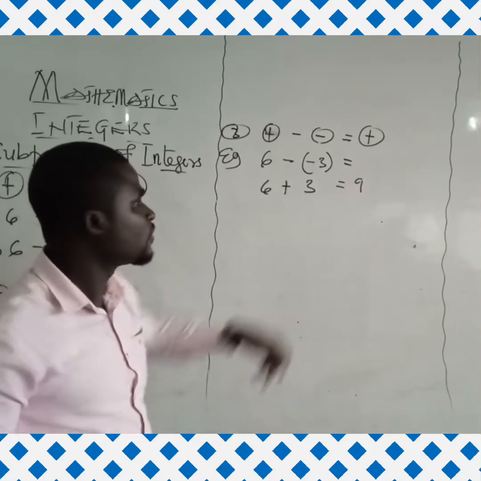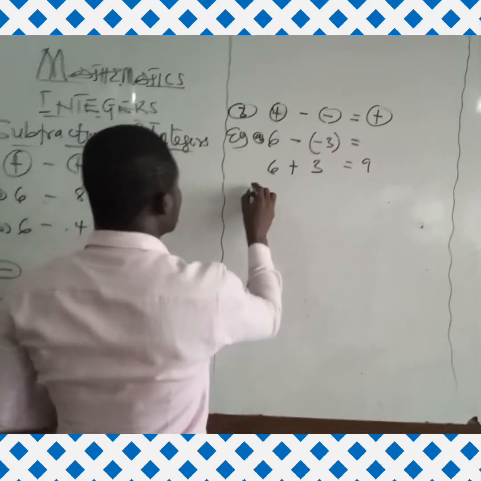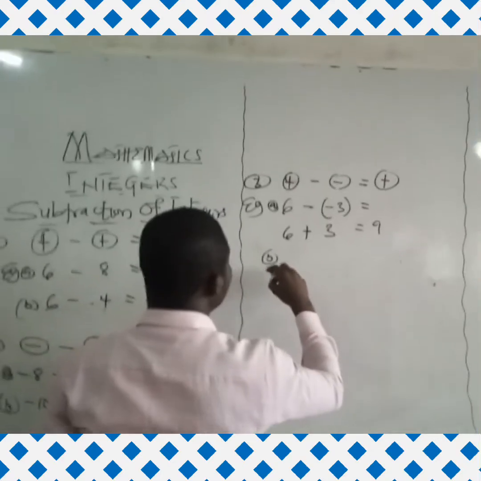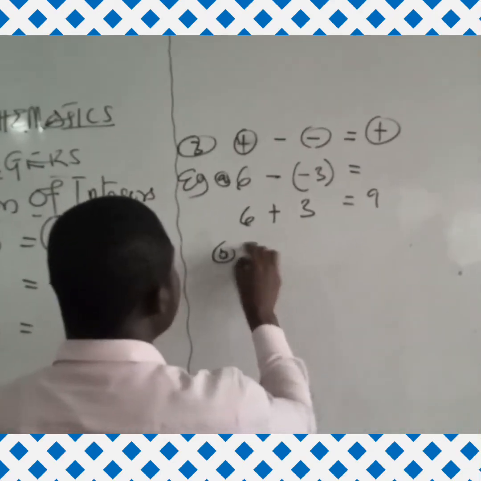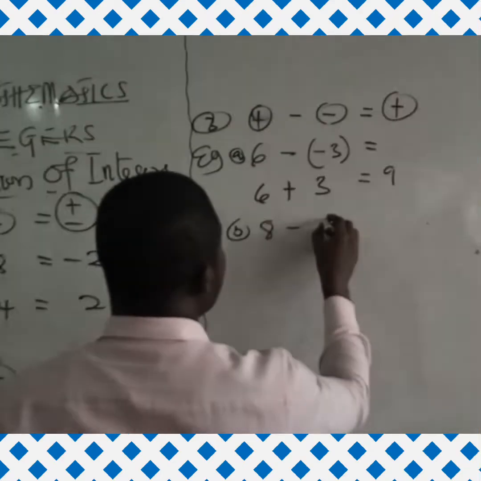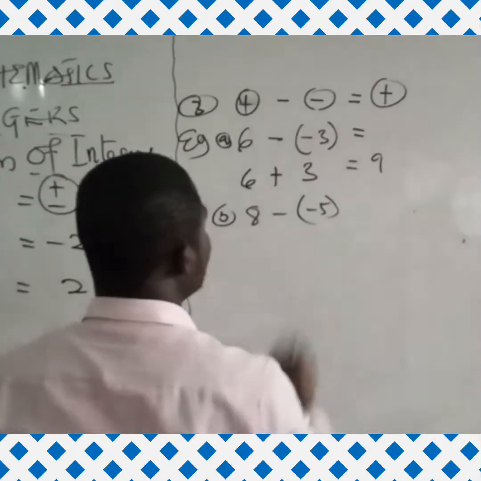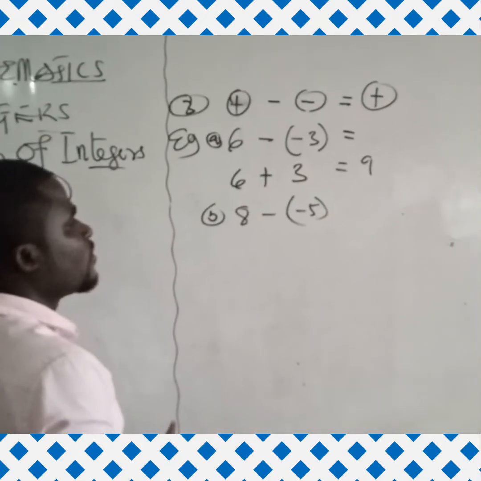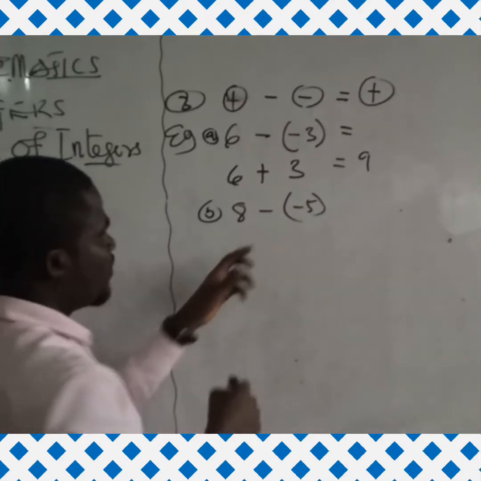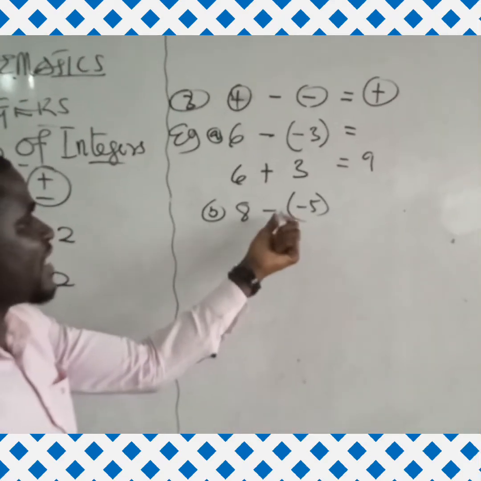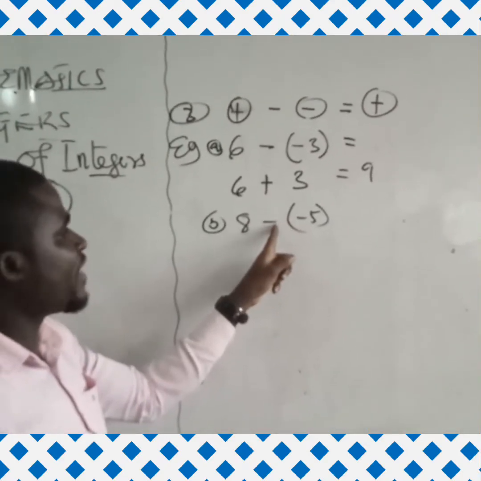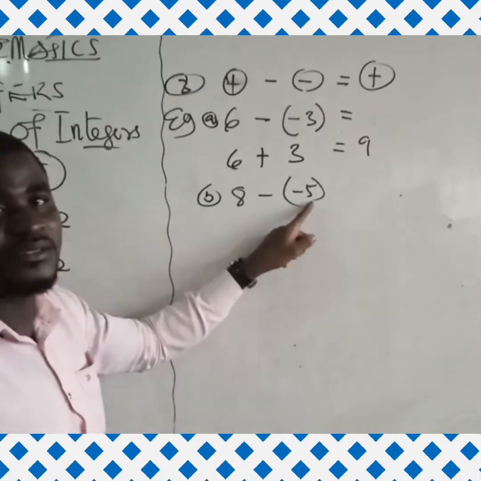Another example. If I have 8 minus negative 5, because I have two opposite signs here, I have to put this one in brackets.